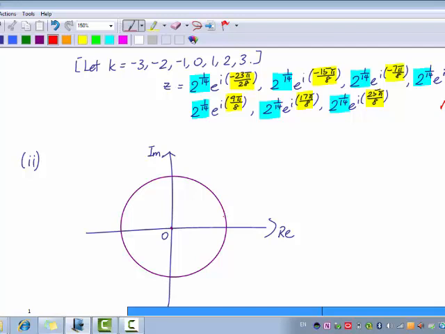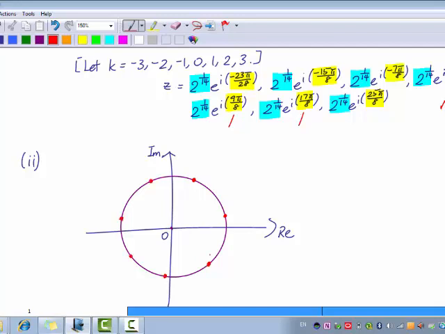Using your protractor, you can measure off pi over 8. 9 pi over 8, 17 pi over 8, and so on, until we complete one round around the circle.